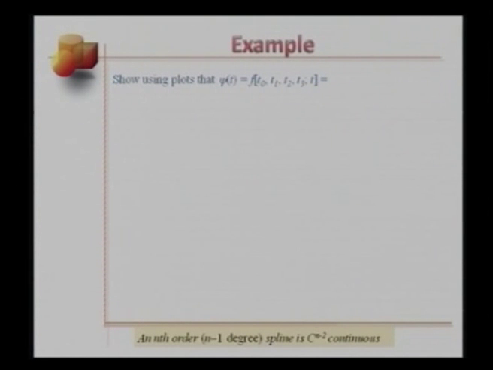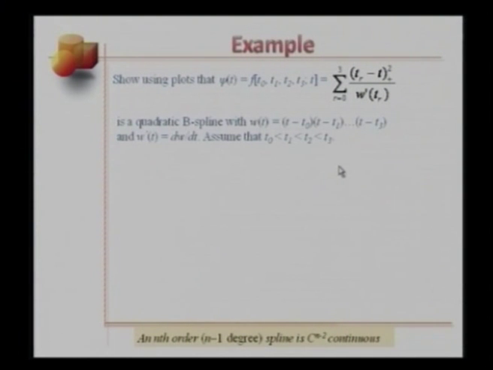Show using plots that psi of t, which is given by the third divided difference of a truncated power function f[t0, t1, t2, t3; t], which you would know is equal to the summation r going from 0 to 3 of (tr minus t) truncated squared over w prime of tr, is a quadratic B-spline, with w of t given as (t minus t0) times (t minus t1) up till times (t minus t3), w prime of t as the first derivative of w with respect to t, and assume that all these knots t0, t1, t2, and t3 are in ascending order.